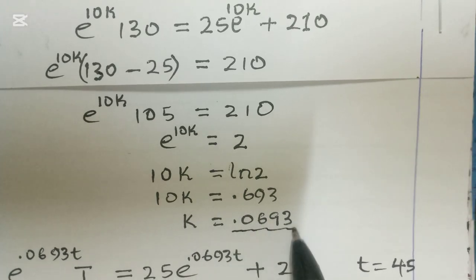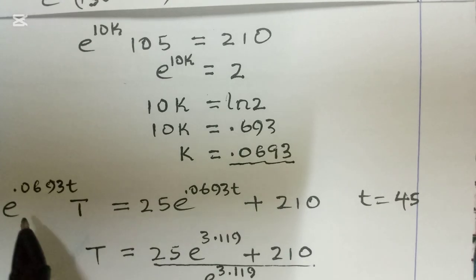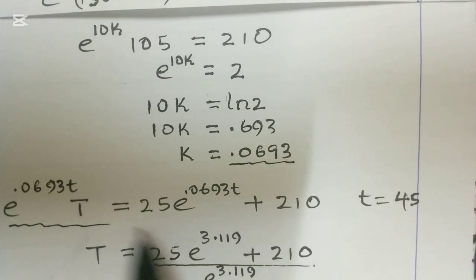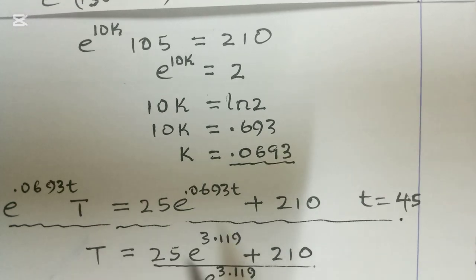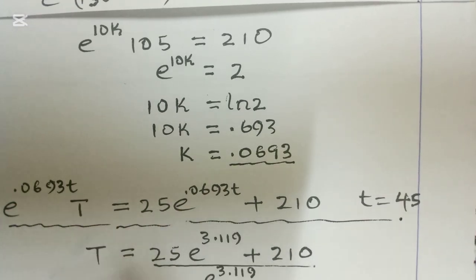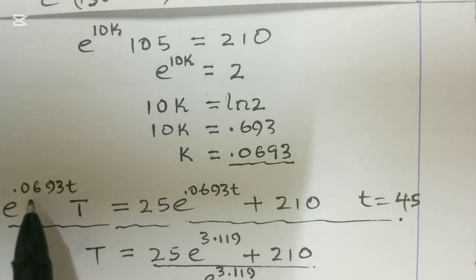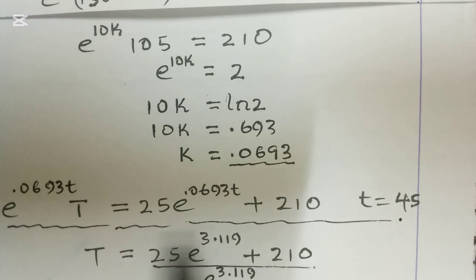So our k is that value. Now we use our original equation, having replaced k with 0.0693. So this is our equation, guys.